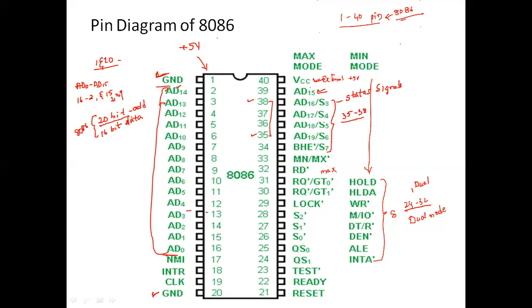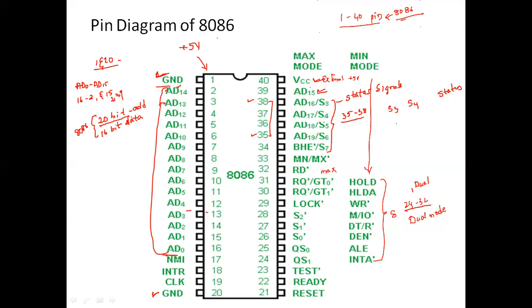Here we'll have a table for S3 and S4. So S3 bit and S4 bit, what is the status?